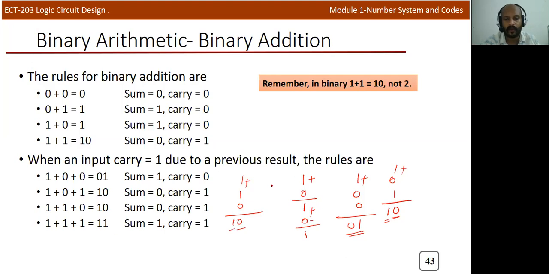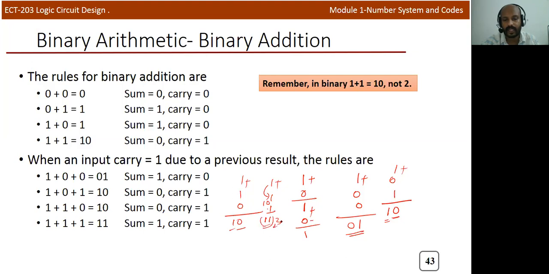And finally, you can add 1 plus 1 plus 1. If you add these two ones, you will get 1 0. Then again, you need to add 1 0 plus 1, and it becomes 1 1. 0 plus 1 is equal to 1, then again 1 plus 0, you will get 1 1, which is equal to 3 in decimal.